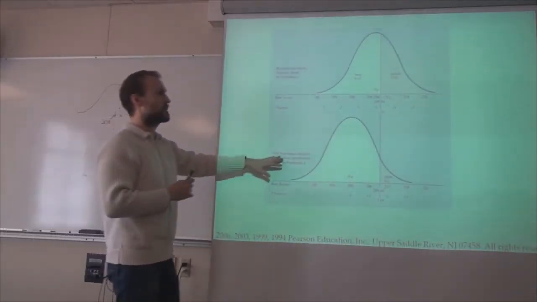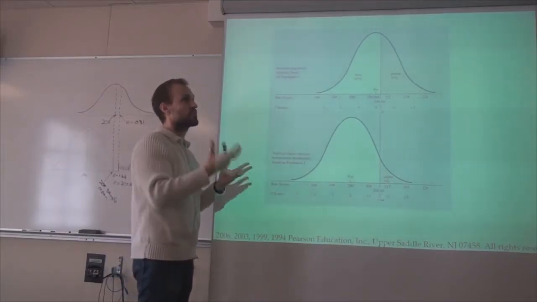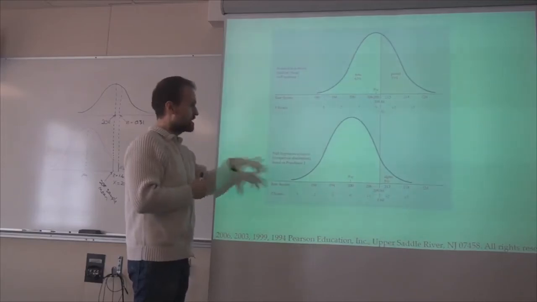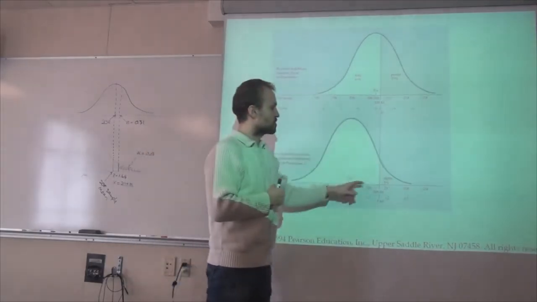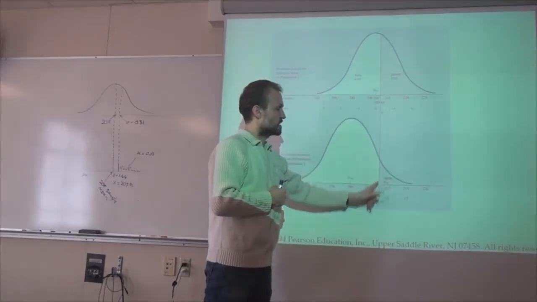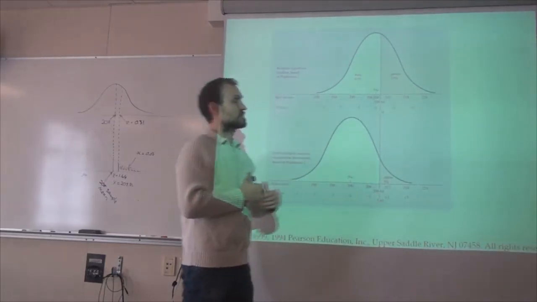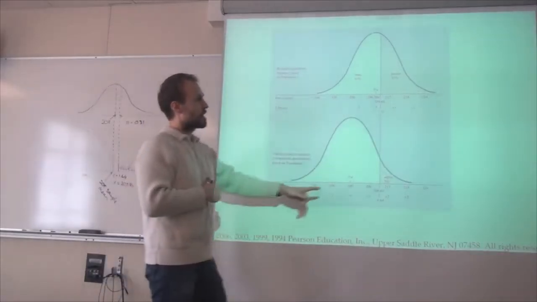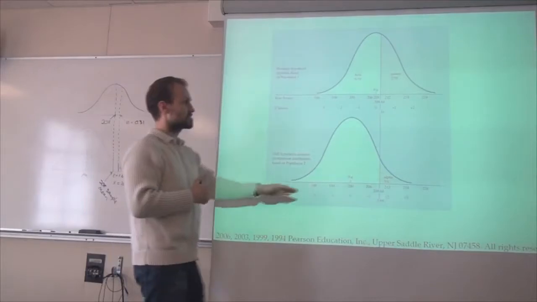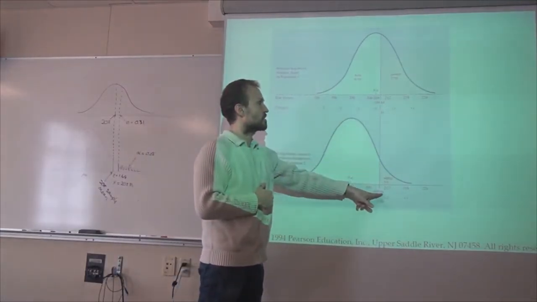So the bottom is my population 2, which is before the treatment, so to speak. Population 1 is with the treatment. So population 2 had the mean of 200, and I decided on my alpha of 5%. That gave me my cutoff, which was a z-score of 1.64. That corresponded to an actual rating score of 209.84.